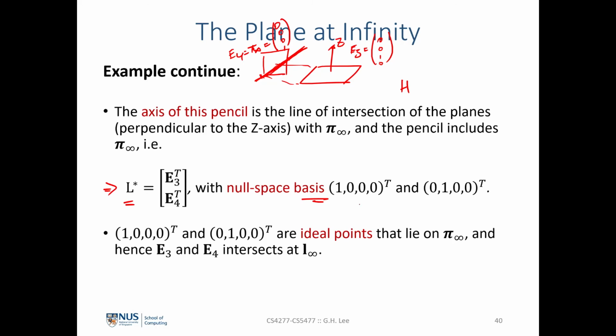And a linear combination of these null space bases will give us all the points on this particular line at infinity that intersects the two planes, the plane that rotates around z as well as the plane at infinity.